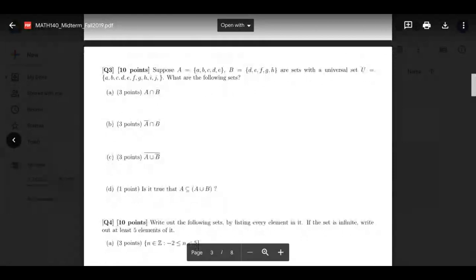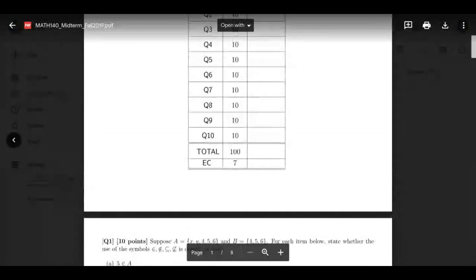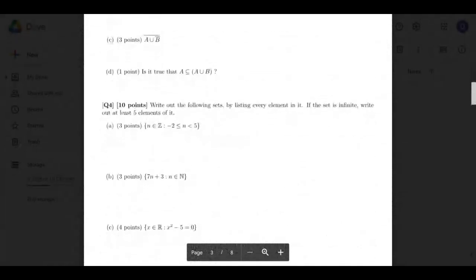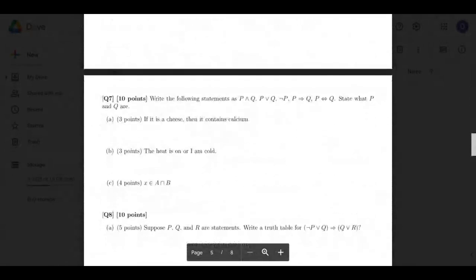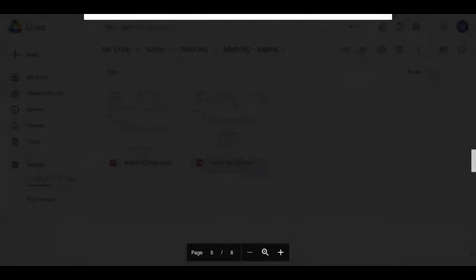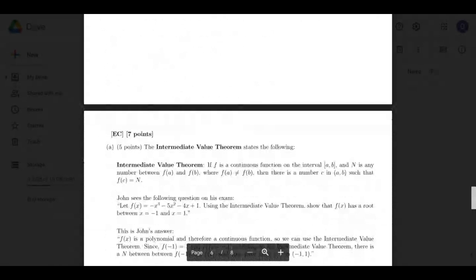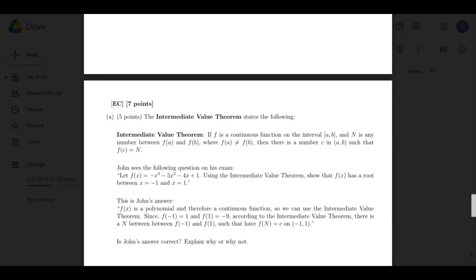Ten questions. But of course, each question has like A, B, C, D, right? Different parts in it. Okay, so 10 questions, plus 1 extra credit. All right, so extra credit is just extra.